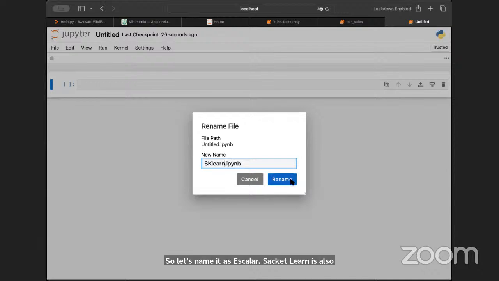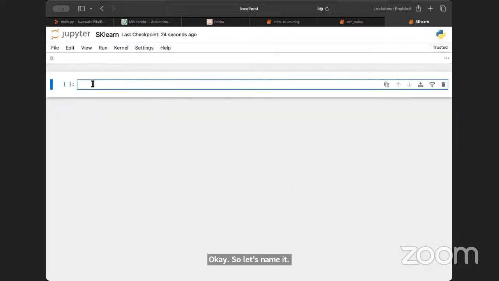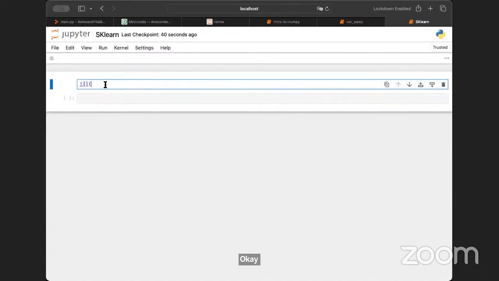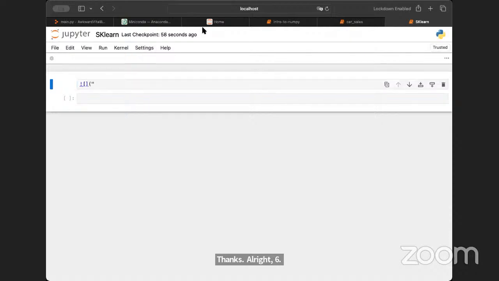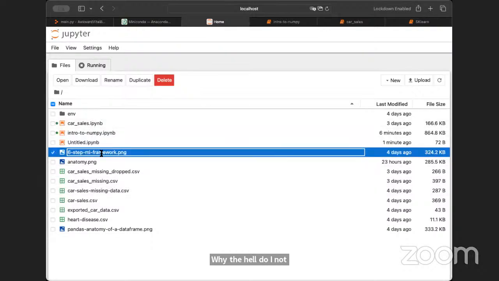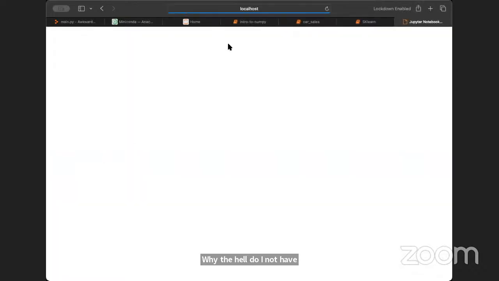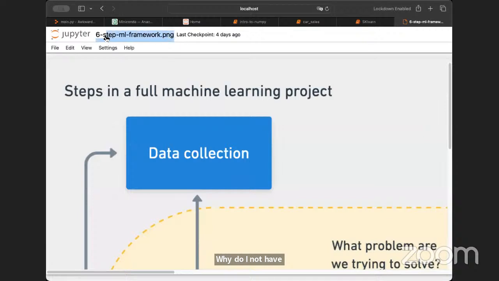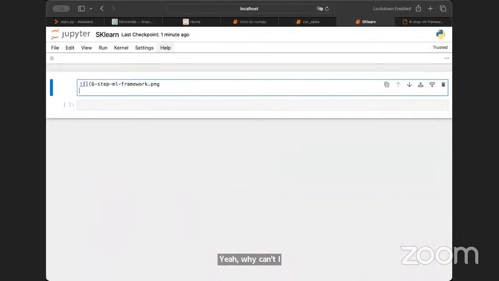Scikit-learn is also called sklearn. Why do I not have this right off the bat? Why can't I have this right away? So annoying.